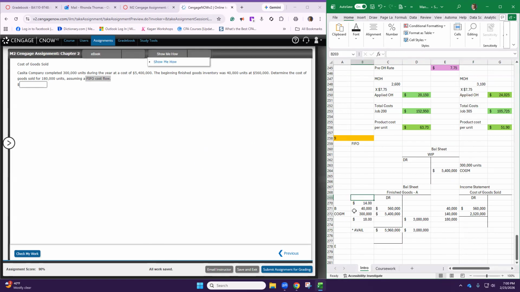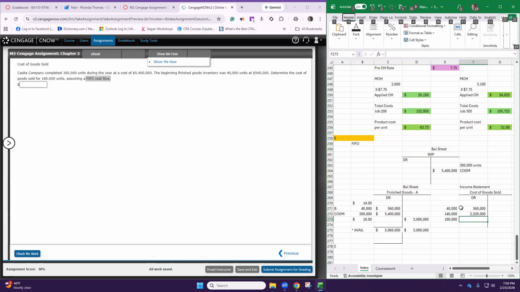These beginning items in finished goods had a cost of 14, but these 3,000 we just moved from work in process to finished goods now cost $18 each. Then we add them together to find out the cost of the goods that were sold.